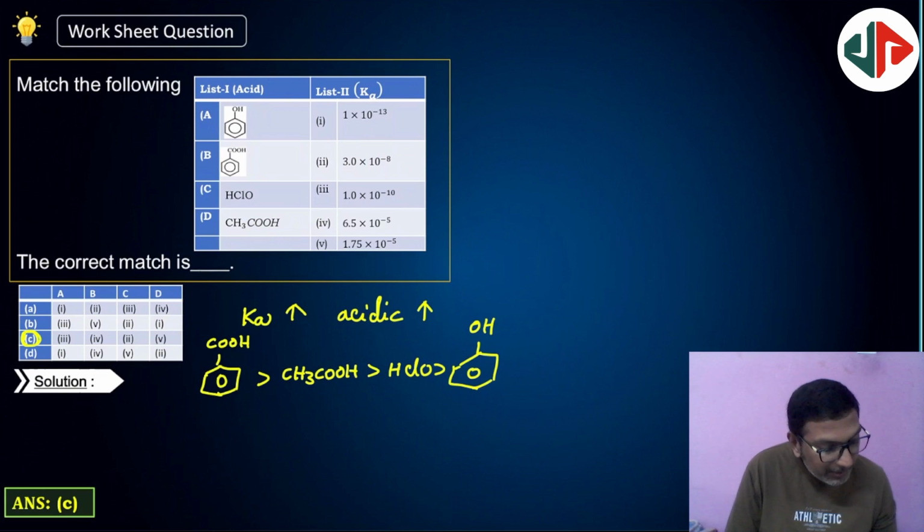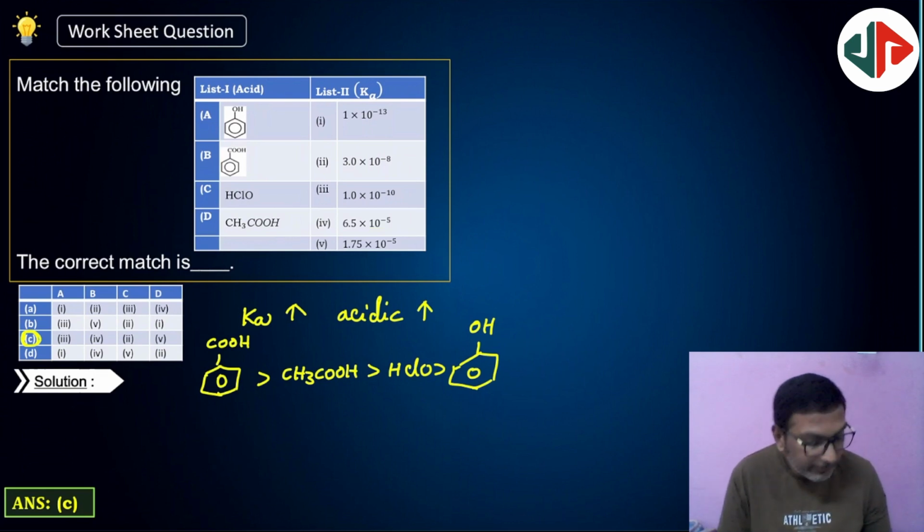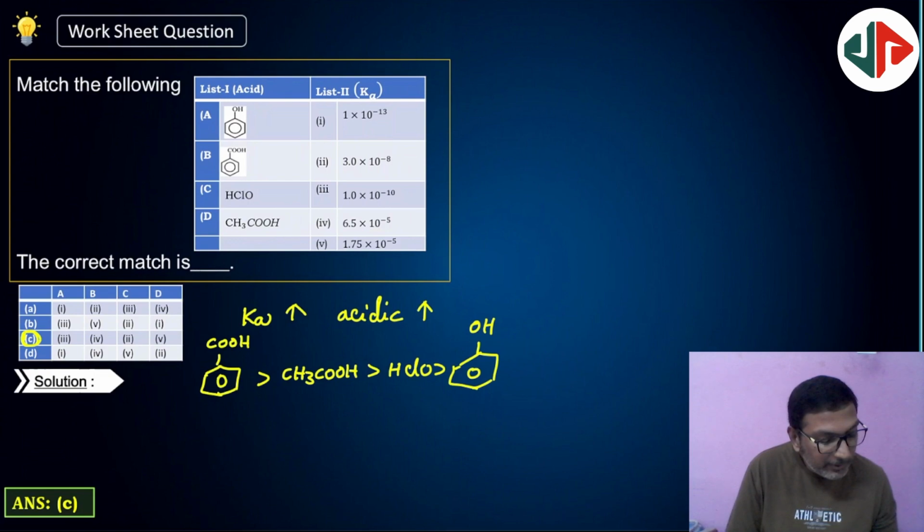So for B, option 4 should be there, highest value 10 power minus 5. Next, least value phenol. Phenol means here option A, for A 3 should be there, least value 10 power minus 10. In this way we can check. A3, B4, C2, D5.